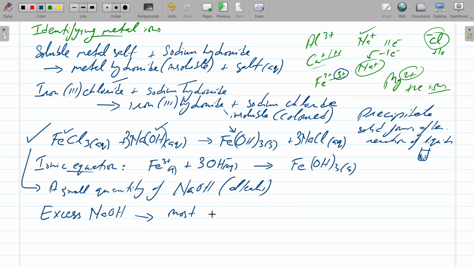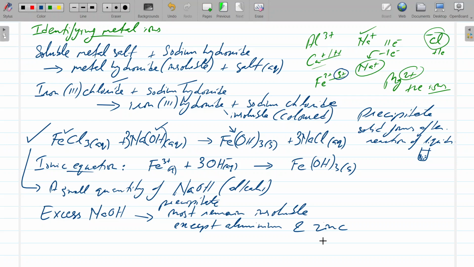Most precipitates, we're talking about the precipitate over here, remain insoluble, in fact, except aluminium and zinc. So I got that the other way around. Apologies for the confusion. Anyway, is the concept clear now?